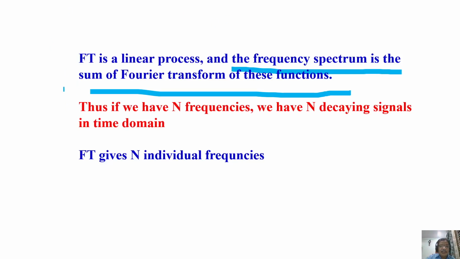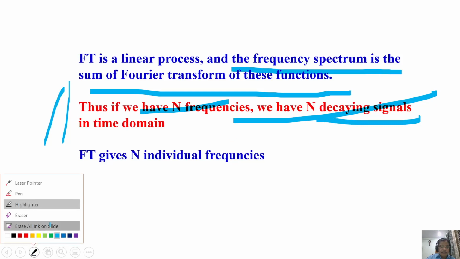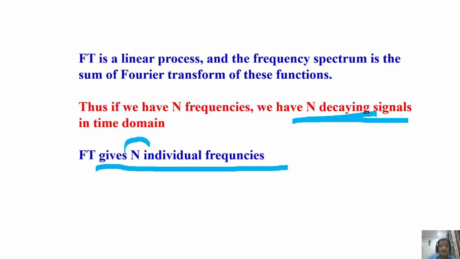Now, in a realistic NMR spectrum, there will be n frequencies present. You have n decaying signals, each with a different T2. No problem. They are all decaying signals. Collect them. It is an interferogram, you do not know. It is a mixture. Do the Fourier transformation, and you will get the individual frequencies, n individual frequencies.